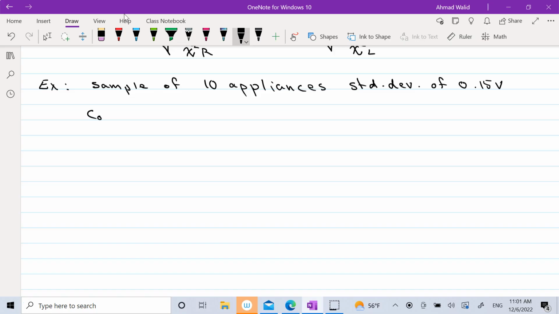Construct a 95% confidence interval for sigma squared and sigma.